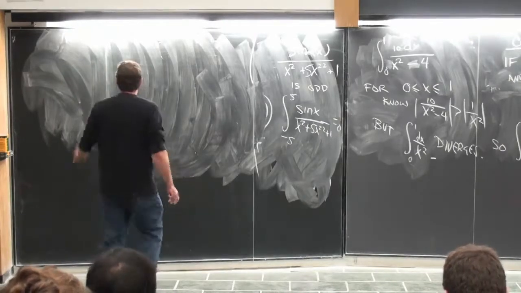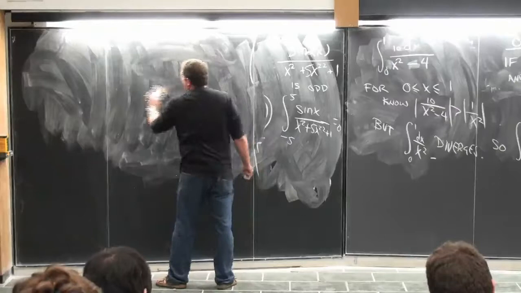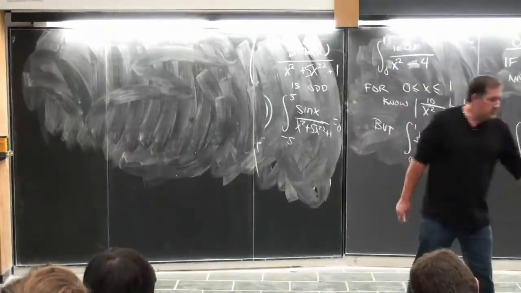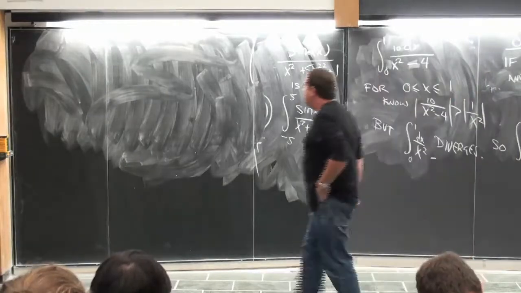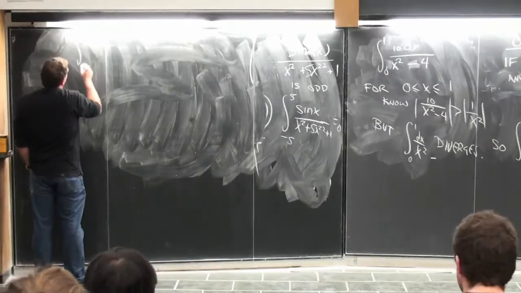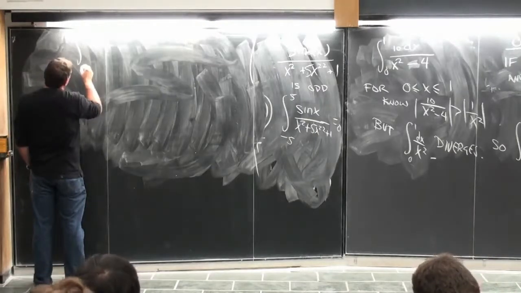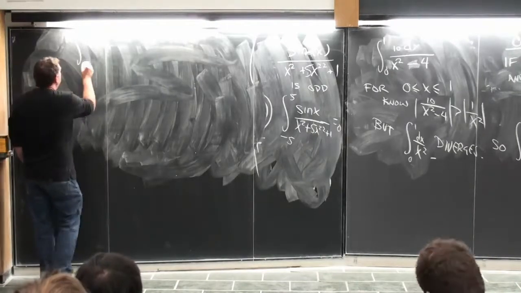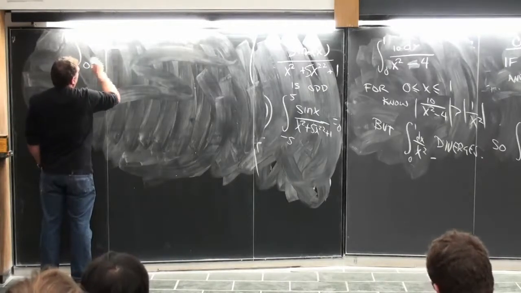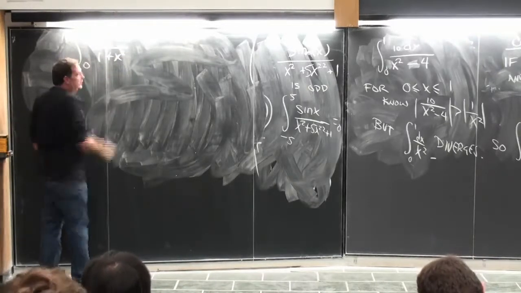Okay, so let me make one up. Let's do one where we know the answer. So let's do the integral from 0 to 1 of 1 over 1 plus x squared.